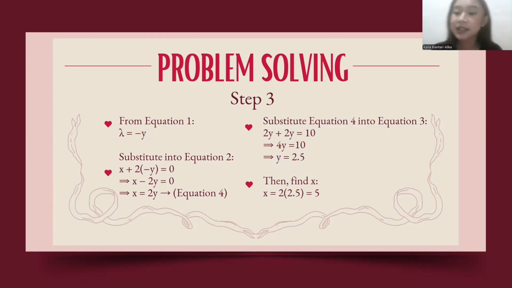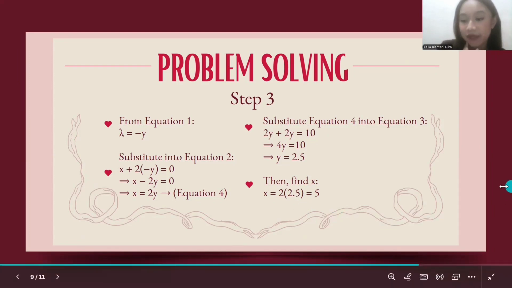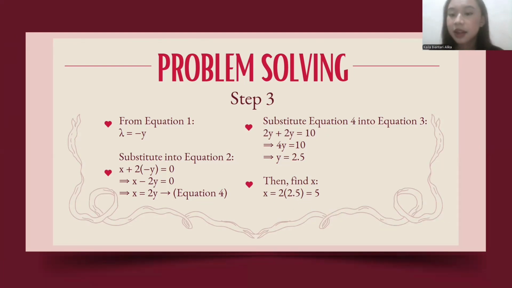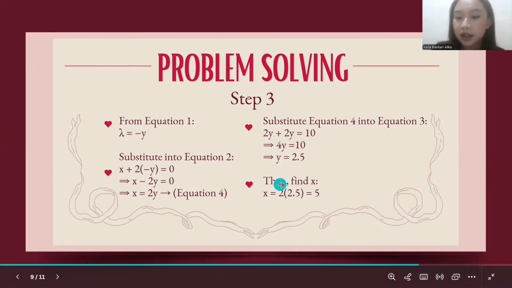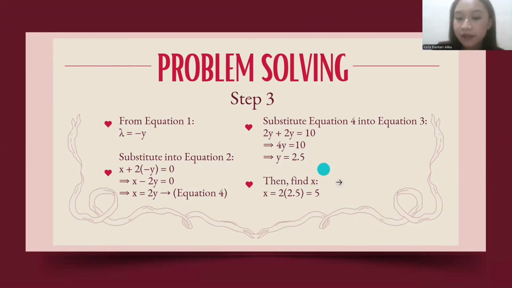It's x times y, which is 5 times 2.5, so the value of the function is 12.5. Next, we want to find out if the point x, y equals 5 and 2.5 is a maximum, minimum, or neither.